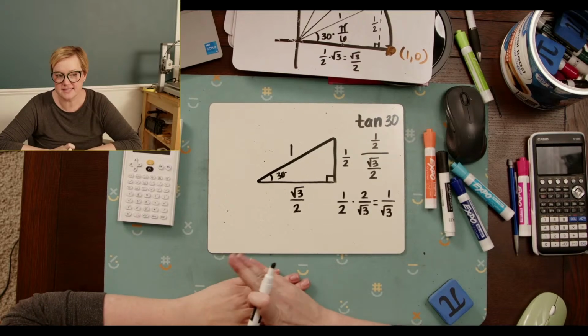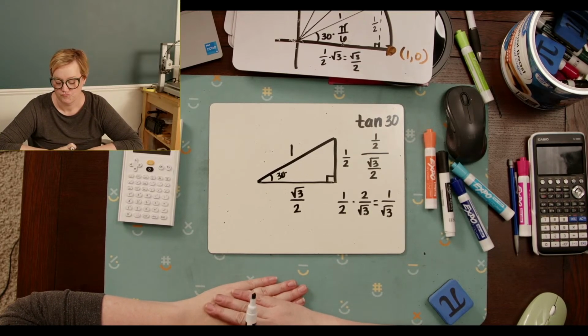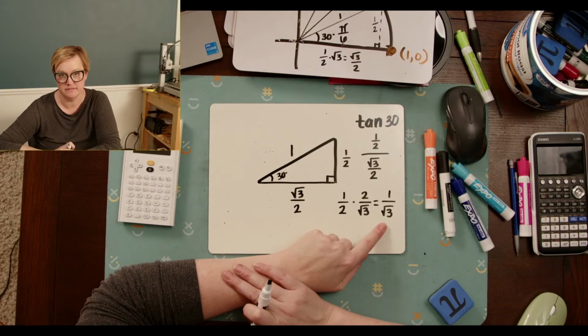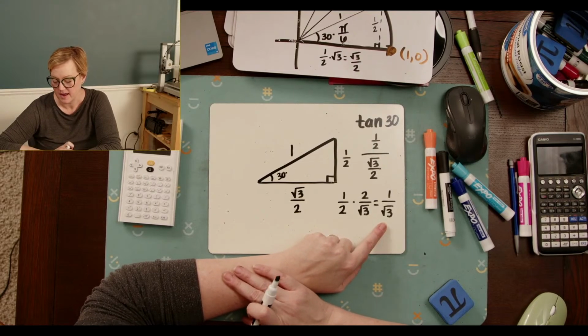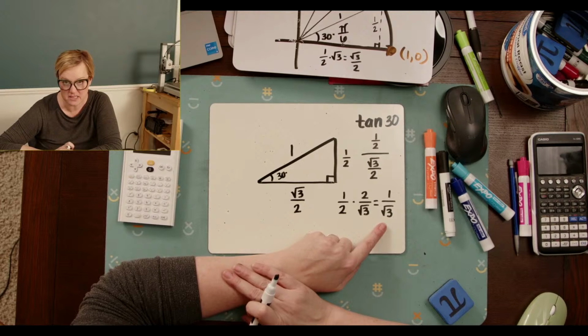Now this is a little controversial because I am fine with leaving this here. The radical in the denominator, it's sort of an obsolete thing that people say, you can't leave the radical in the denominator, but I'm okay with it.